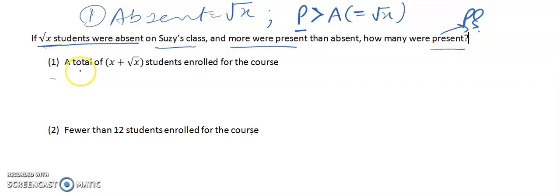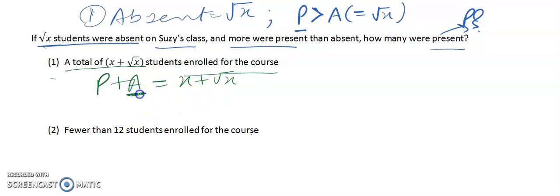Statement 1: if a total of X plus root X students enrolled for the course, it means P plus A is equal to X plus root X. We already know that A is root X. This is given: the number of students absent is root X. So P plus A equals X plus root X. This gives P is equal to X. But this itself is insufficient.